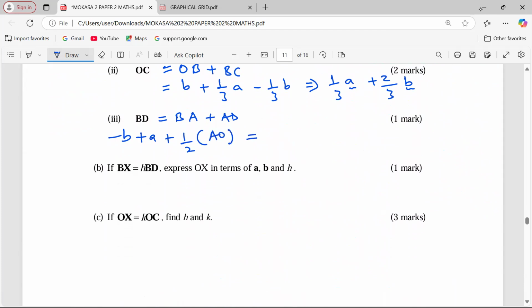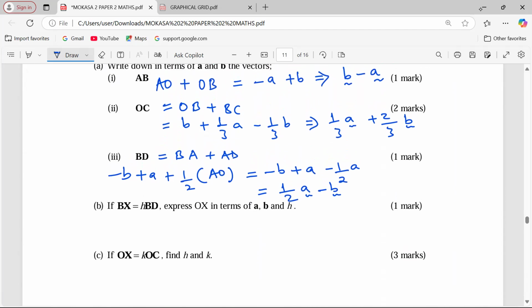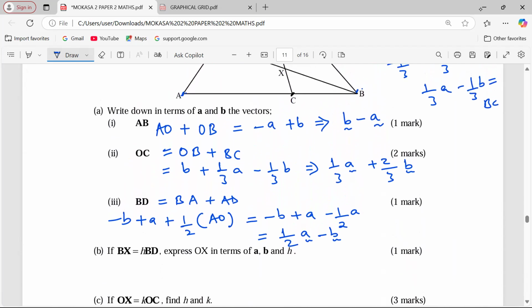Which means negative B plus A. Then AO is the reverse of vector A. That means A minus a half A becomes half vector A. Then there is minus B at one point. So the vectors have been expressed.